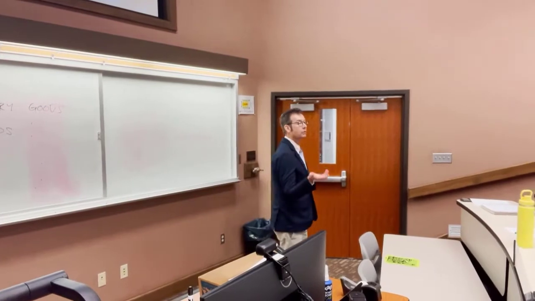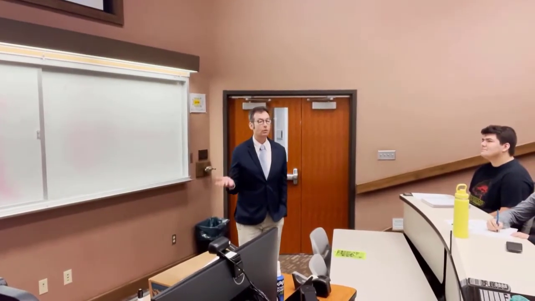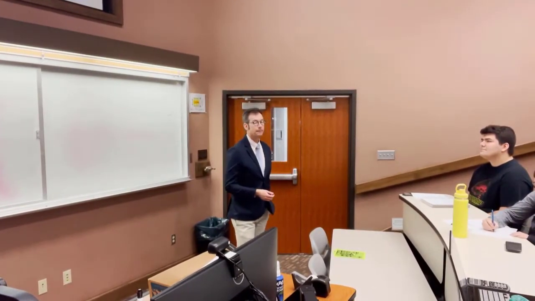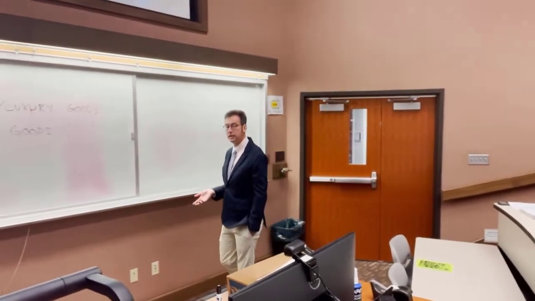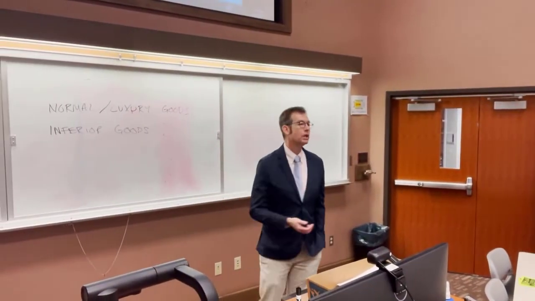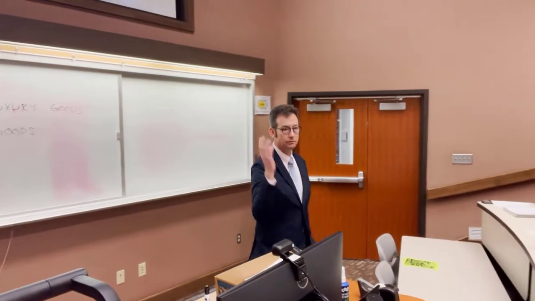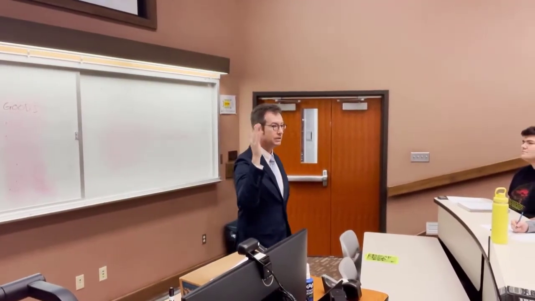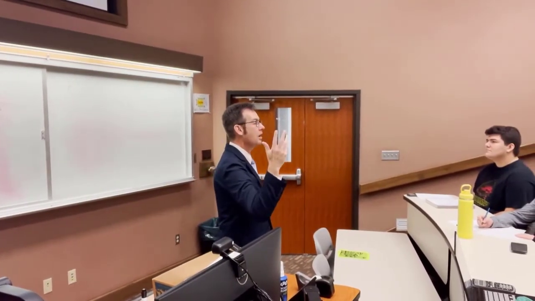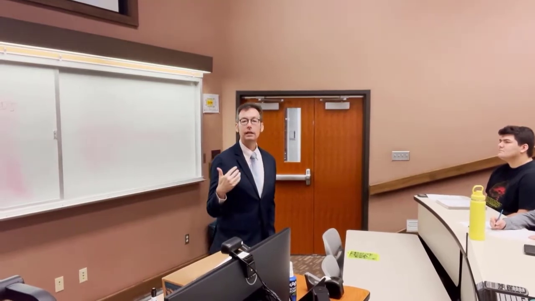An inferior good is one that the demand for it goes up as times get worse and goes down as times get better. I'll give you an example. During the financial crisis, do you think people were buying luxury name brand stuff like Gucci and whatnot? No, everybody traded down.